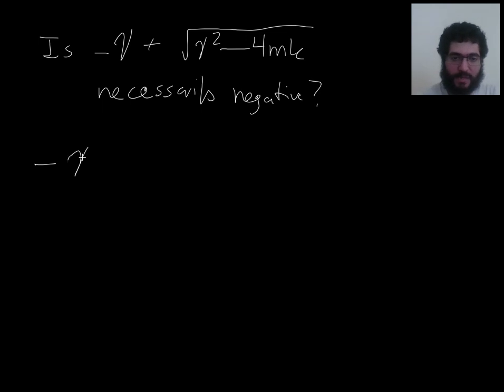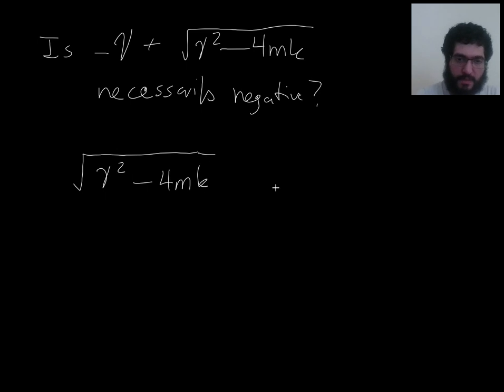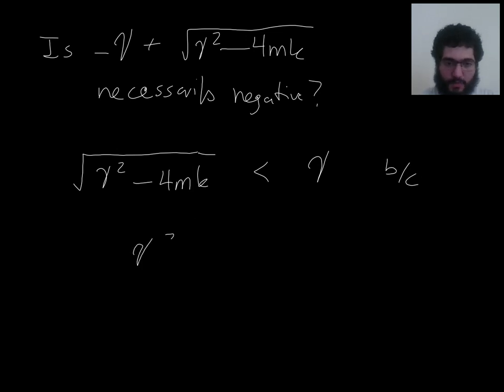I don't know if that argument feels right to you, but if it doesn't, then here's why I claim that this thing is necessarily smaller than gamma. I think this is true because if you square both sides, this is true, right?